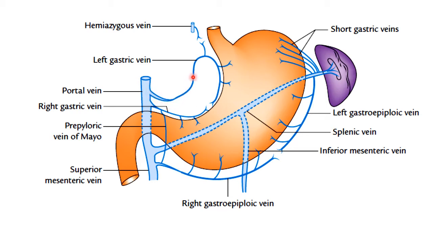The left gastric vein and the right gastric vein drain directly into the portal vein, while the left gastroepiploic vein and the short gastric veins drain into the splenic vein, while the right gastroepiploic vein drains into the superior mesenteric vein, and then the splenic vein and the superior mesenteric vein combine to form the portal vein.